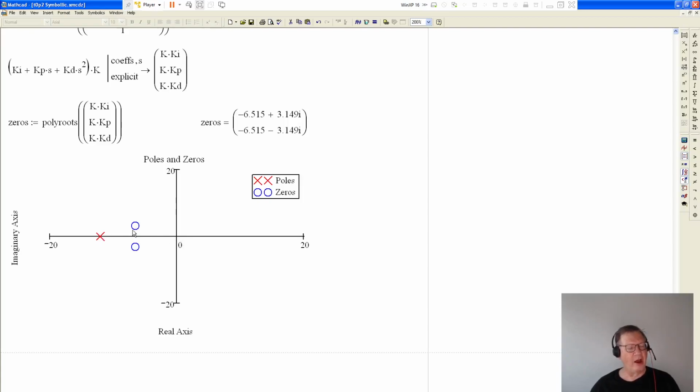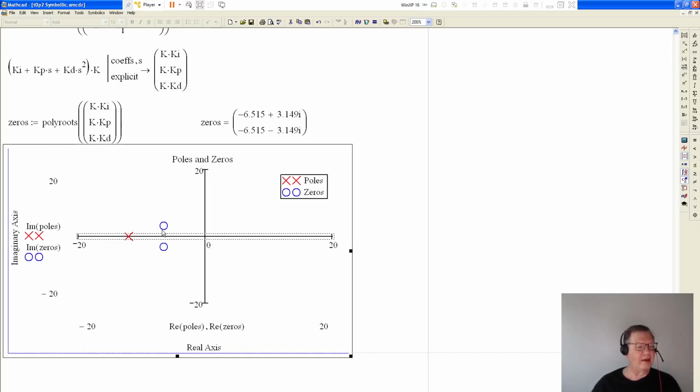If the zeros are closer to the origin than the poles, and there are 3 poles here, then you're going to see an increase in gain as you scan from the origin to the zeros or to the poles. You're going to get to the zeros first, and that's going to increase your gain and your phase lead and cause that bump or hump in the gain that you see in the Bode plot.